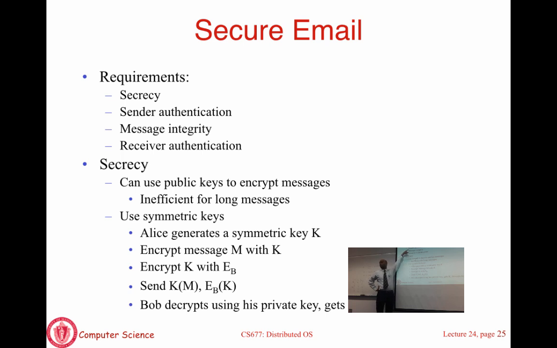First one is secrecy. Secrecy means if I send an email message to my friend, only that person should be able to read it. Nobody else who sees it in transit should be able to figure out what is inside that email message. Second is sender authentication. If I receive an email from my friend, how do I know it came from them?